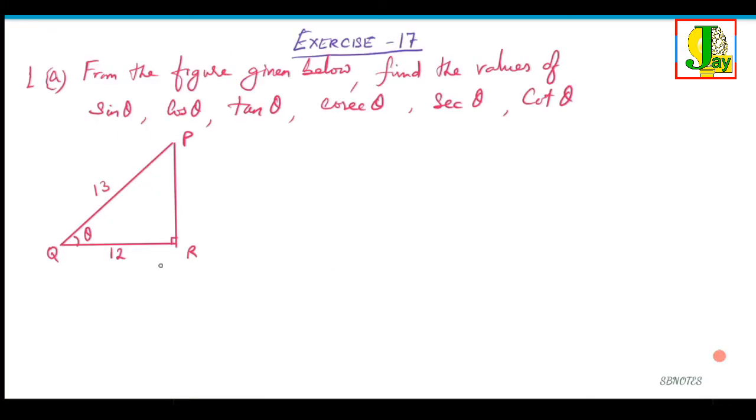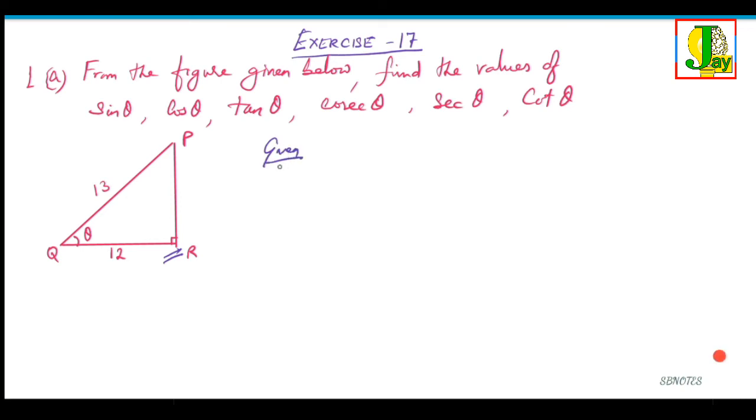Let's see this question. Question number 1A of exercise 17. The figure is given. It's a right angle triangle, right angle at R. This is the 90°. And you need to find the value of these trigonometrical ratios. Two sides are given. So first we'll write what is given.